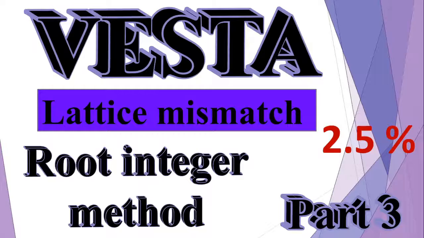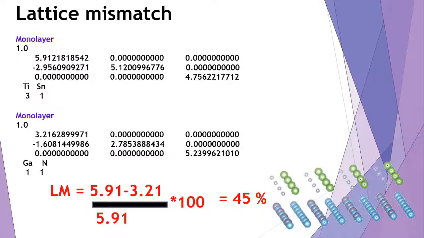So let me remind you that the maximum lattice mismatch was coming from the monolayer of titanium and gallium nitride, which was approximately 45%. If we try to do a computational study on this system, it will show difficulty in convergence, and it might not converge.